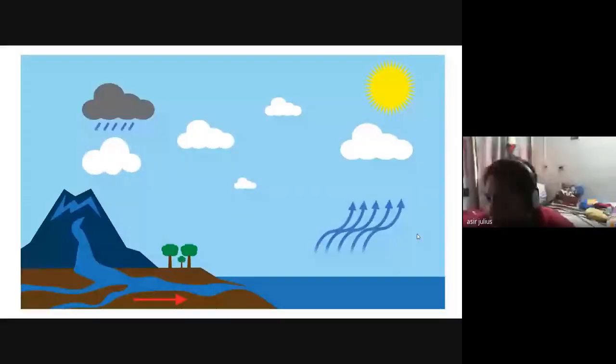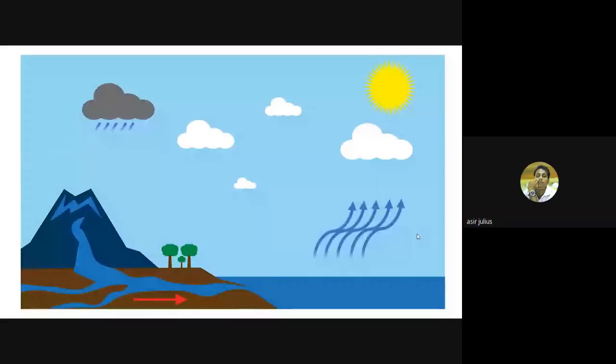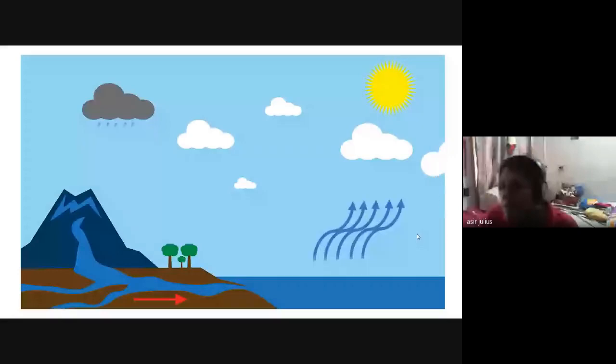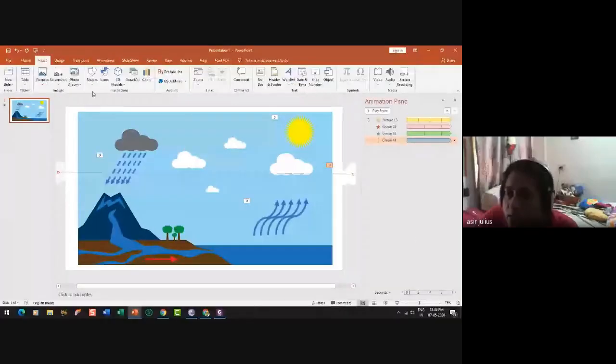And if you want, you can also add sound. If you want, add some thunderstorms. If you want to add some lightning, you can add it. If you want to add some title, you can add it. All those things you can add. Now I'm going to add some title to it.